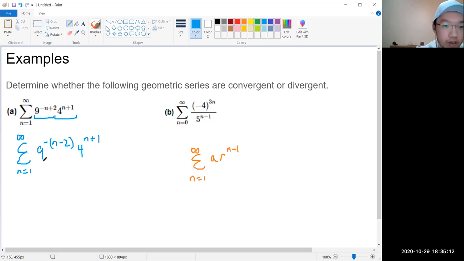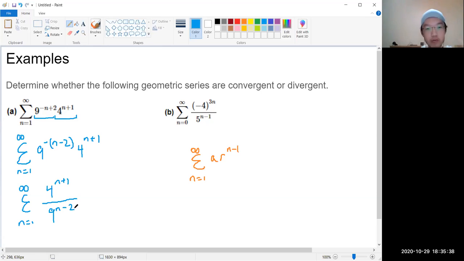And then if I have a negative exponent, I can bring it to the other side of the fraction with a positive exponent. So this will be the sum from n equals 1 to infinity of 4 to the power of n plus 1 over 9 to the positive exponent, so n minus 2.